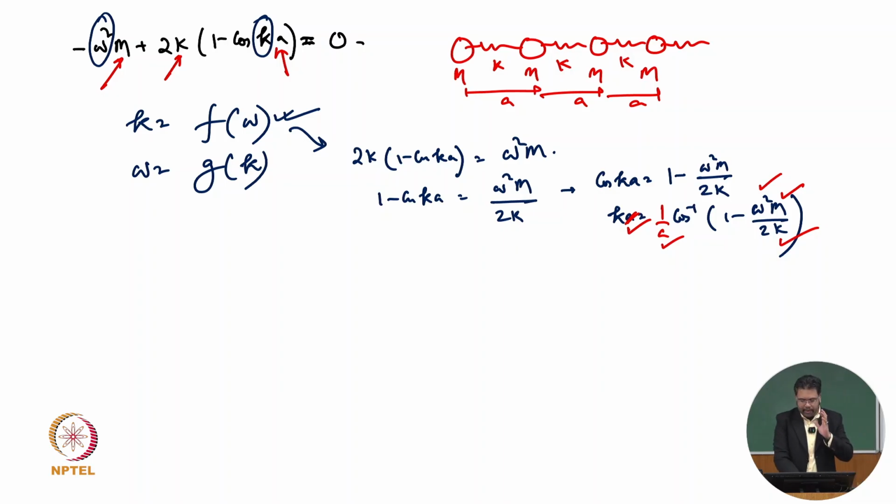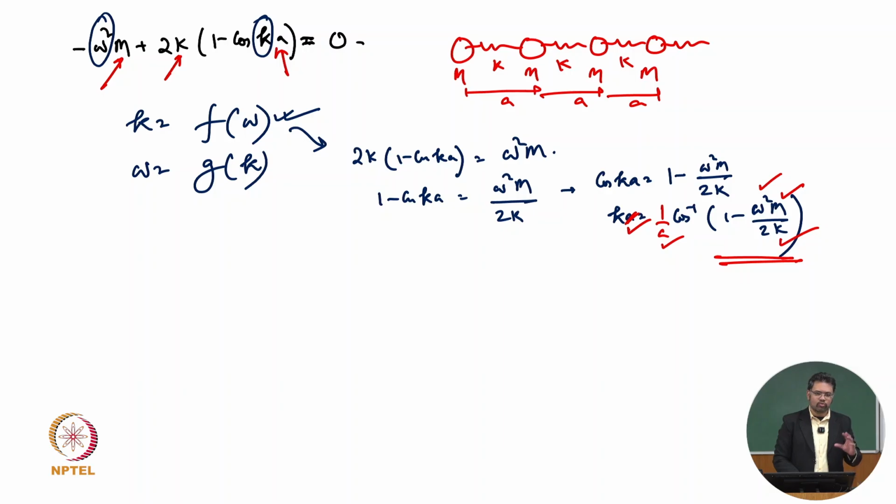Now here, can you tell me what could be the values of kappa? Is it positive, negative, real, imaginary, or does it need to be always real? Why am I saying that? Because we are calculating it from the cos inverse of this.